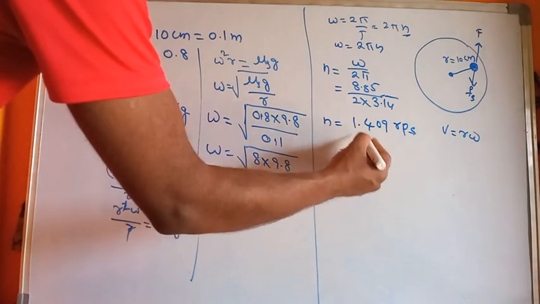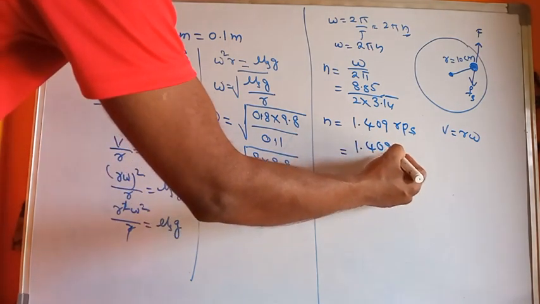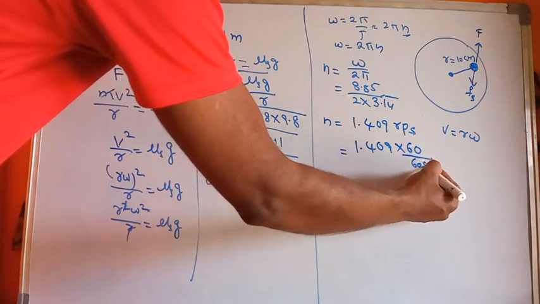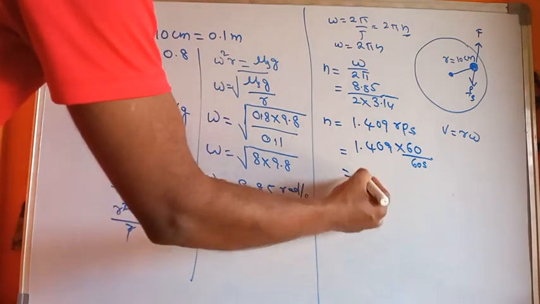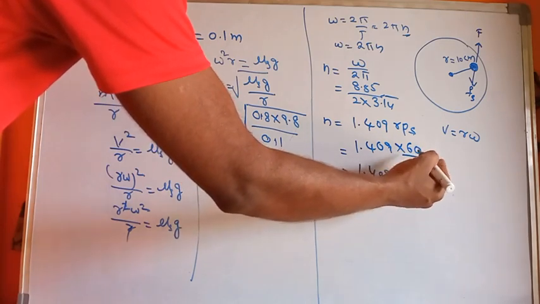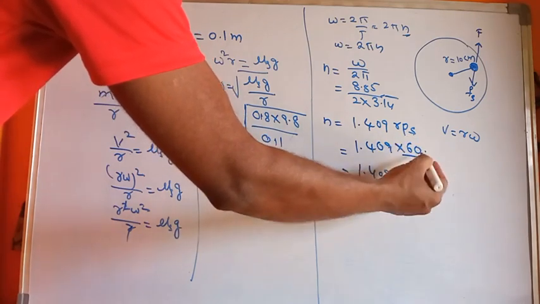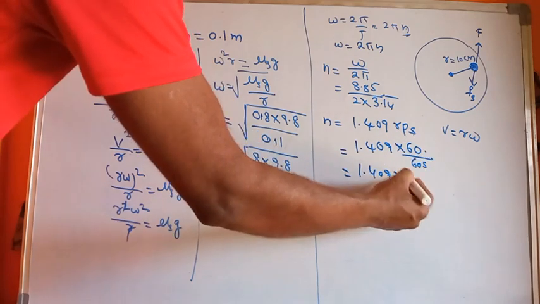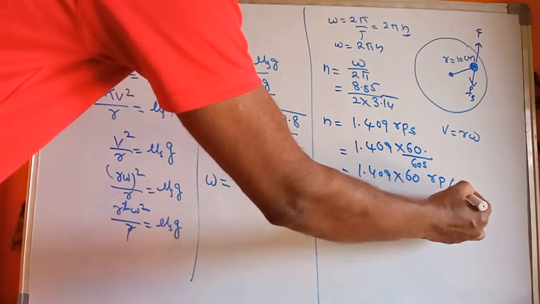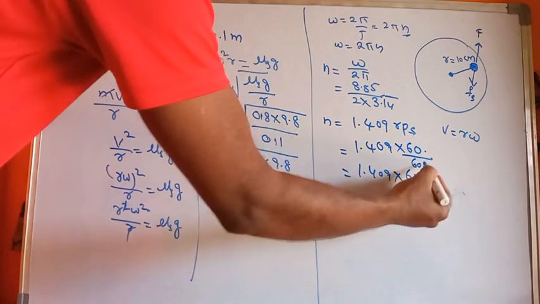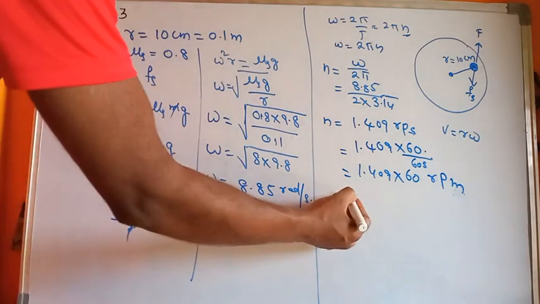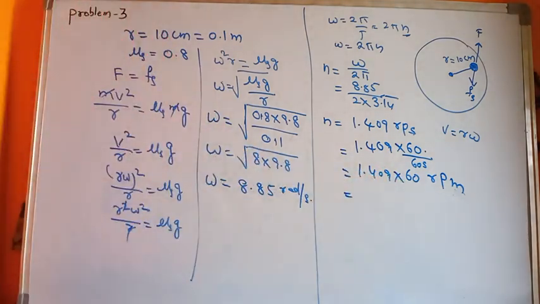That is 1.409 into 60 by 60 seconds, and 60 seconds is nothing but 1 minute. So cancelling this, there is no change, and into 60 we can write per minute, that is rotations per minute. Minute means 60 seconds.